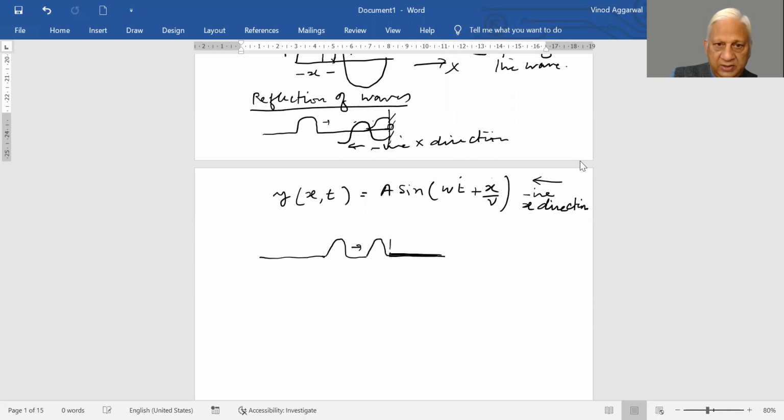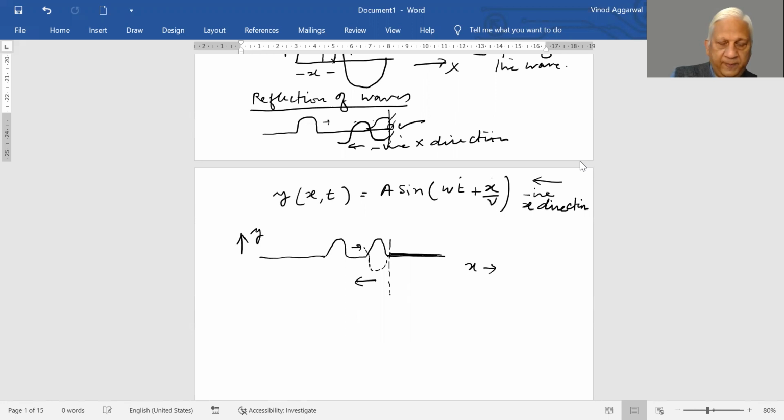And when it hits this interface, a part of the wave is inverted, like here, and moves in negative x direction. This is x direction.